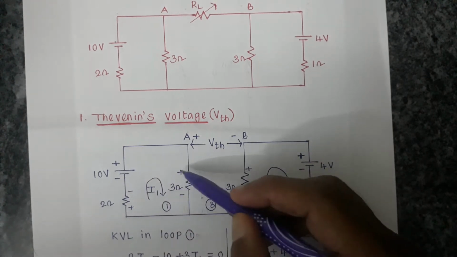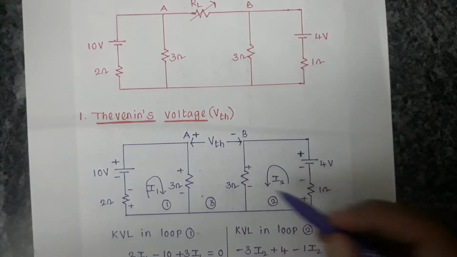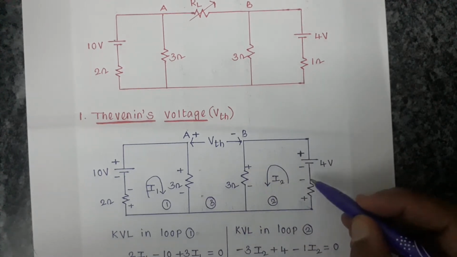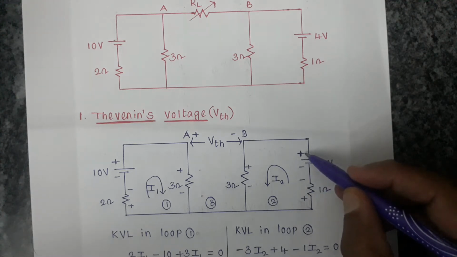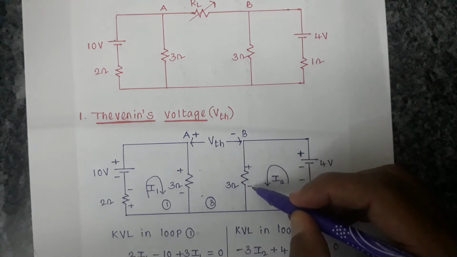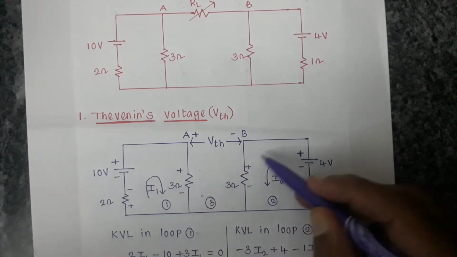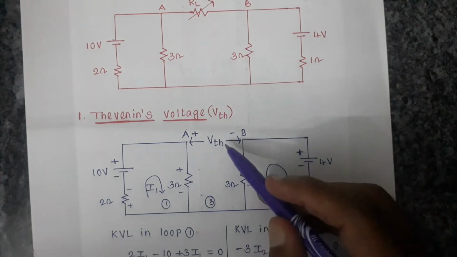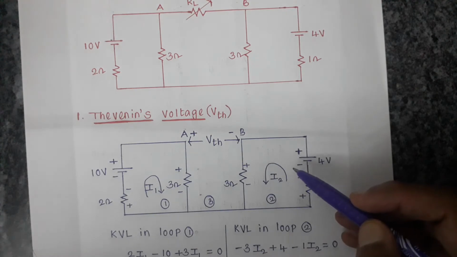For a resistor, current entering side plus, current leaving side minus. Similarly for I2, for the source, current entering side minus, leaving side plus, and for the resistor, entering side plus, leaving side minus. So I1 is the current in this loop and I2 is the current in this loop. Before solving for VTH, we have to find I1 and I2.